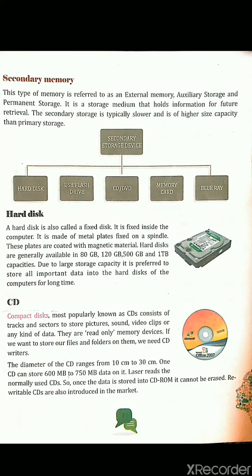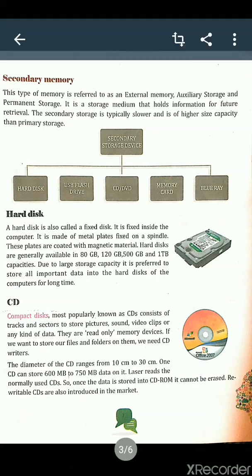Secondary memory, also known as external memory of computer, auxiliary storage and permanent storage. It is a storage medium that is used to store information for a longer period. The secondary storage is typically slower and is of higher size capacity than the primary memory.